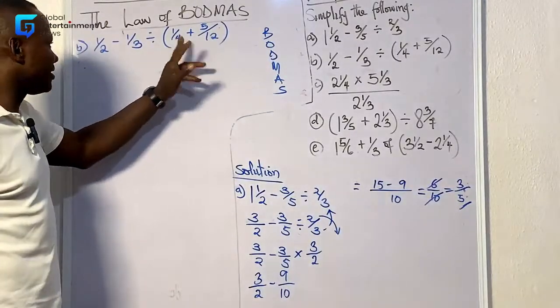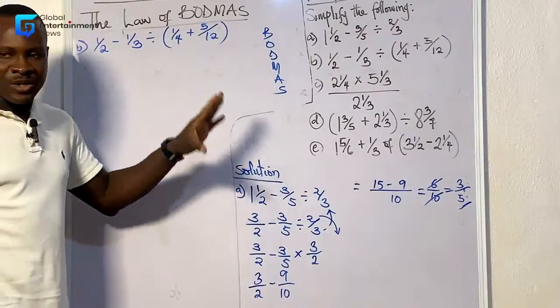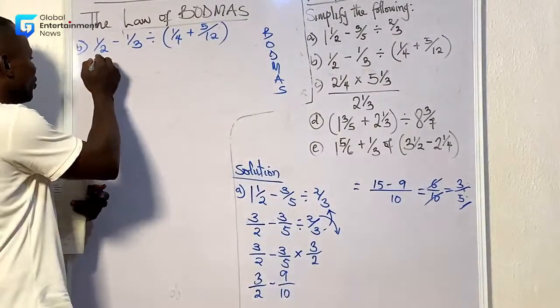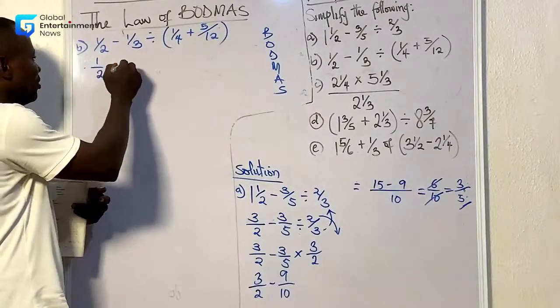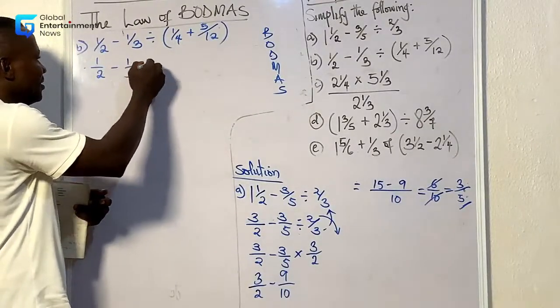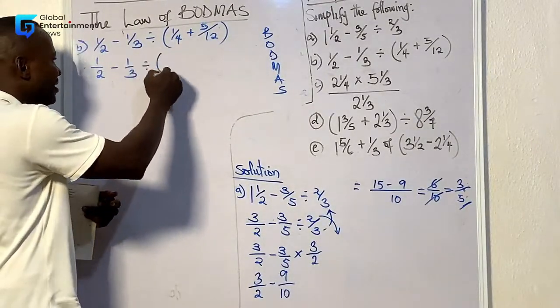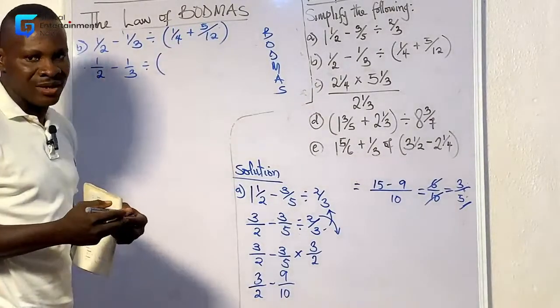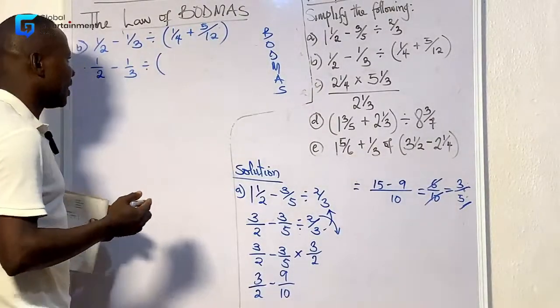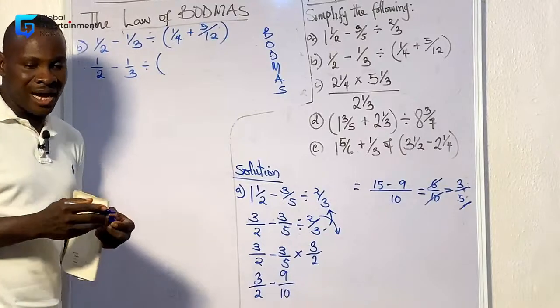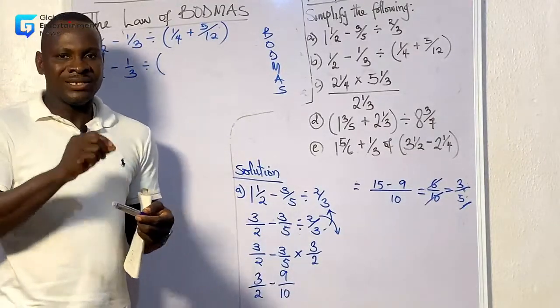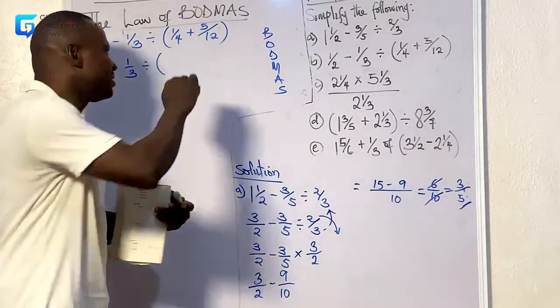So let's solve what is inside the bracket first before we come outside. The question is 1 all over 2 minus 1 all over 3 divided by, now look at the operation we have here. Plus. I told you that once you have plus or minus as operation, you find the LCM of the denominators.